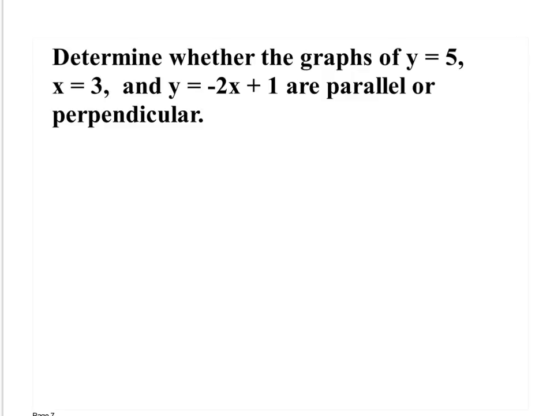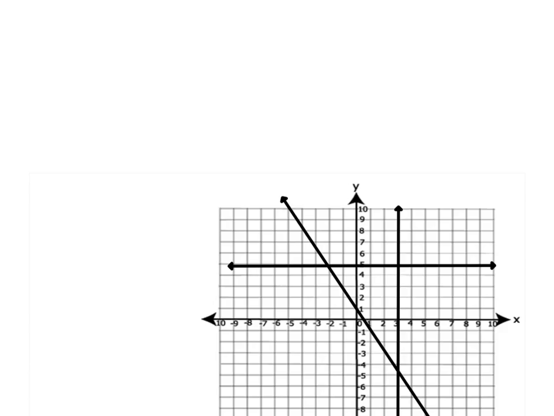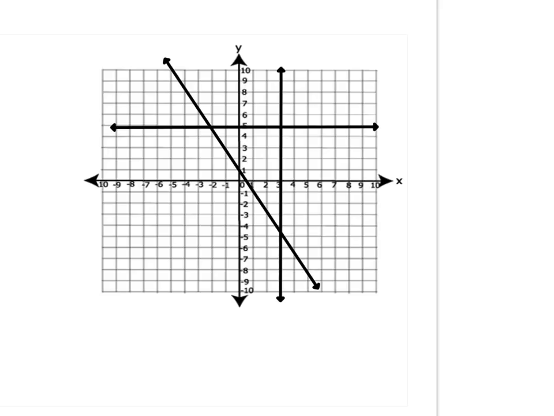Another problem you're going to see is going to be something like this. It's going to say determine whether the graphs of y equals 5, x equals 3, and y equals negative 2x plus 1 are parallel or perpendicular. Well, they'll show you what it looks like on a graph, which here they are. The horizontal line we know is y equals 5.